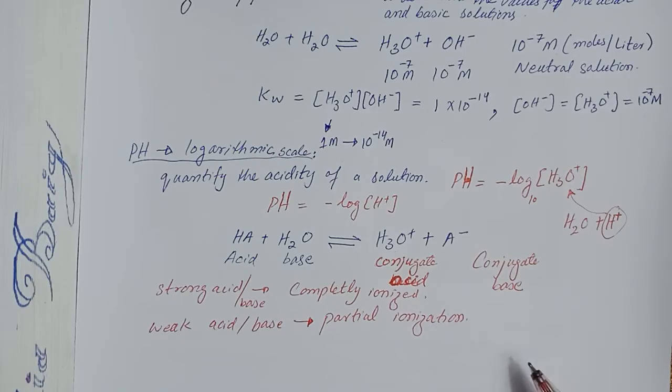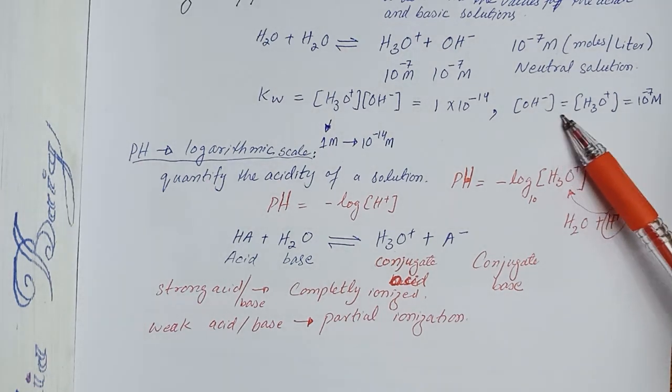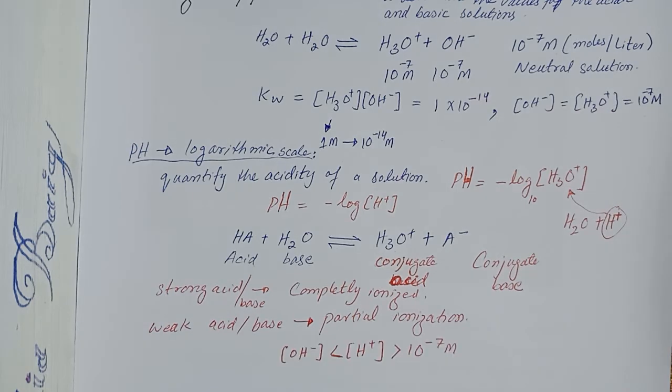So an acidic aqueous solution is any solution with a hydrogen ion concentration greater than 10 to the power minus 7 molar. For an acidic solution, the concentration of the hydrogen ion, or the proton or the hydronium ion, is greater than 10 to the power minus 7 molar, and the concentration of hydroxide ion is less than the concentration of the proton.